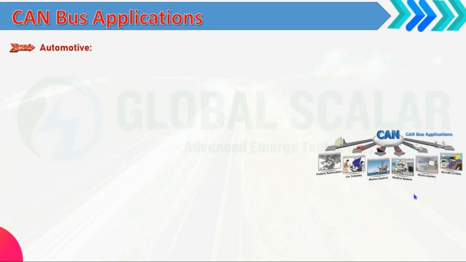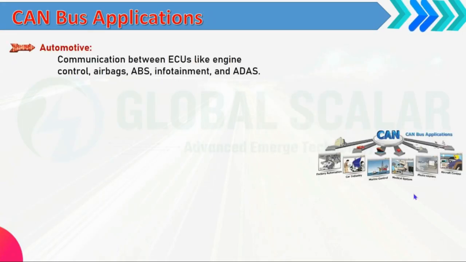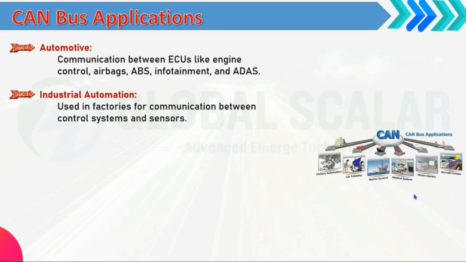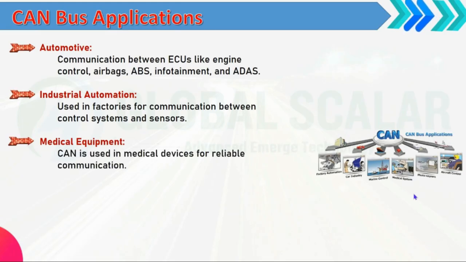CAN bus applications: communication between ECUs like engine control, airbag, ABS, infotainment, and others. Industrial automation is used in factories for communication between the control system and the sensors. Medical equipment: CAN is used in medical devices for reliable communication.